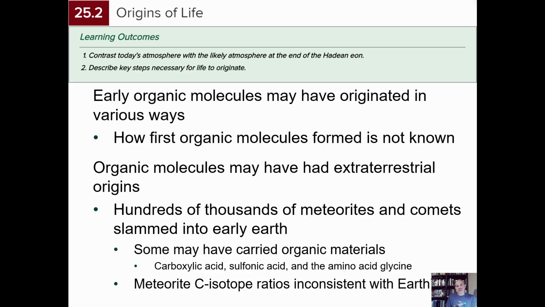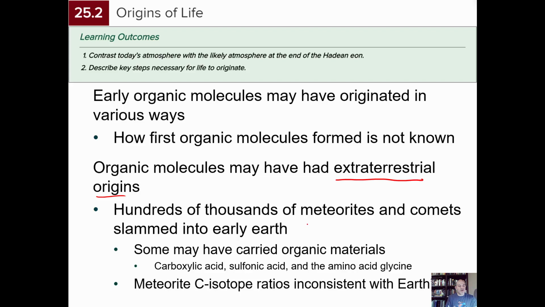So as it turns out, for the evidence for extraterrestrial origin, we do see that the Earth is receiving meteorites all the time, and comets as well may have slammed into the Earth early on, and they still do today. In fact, there was a meteorite that hit the Earth back in 2000, and when they analyzed it, they found many different types of organic compounds.